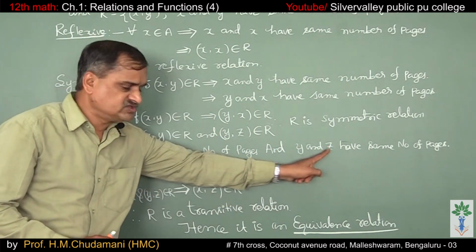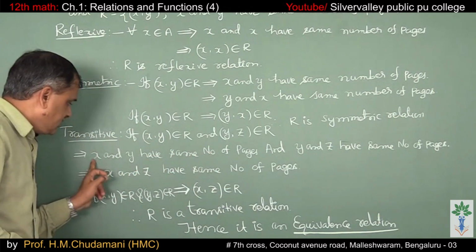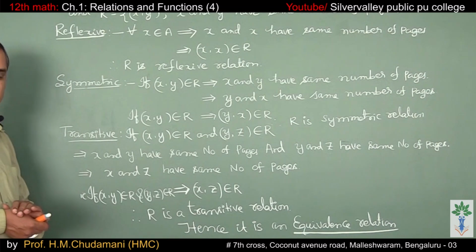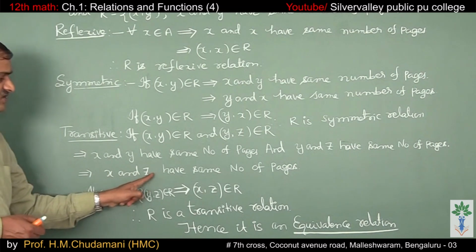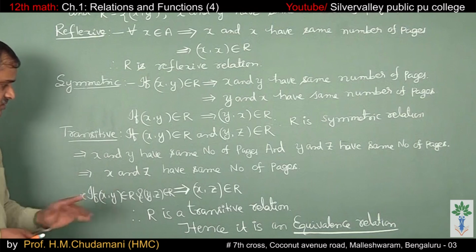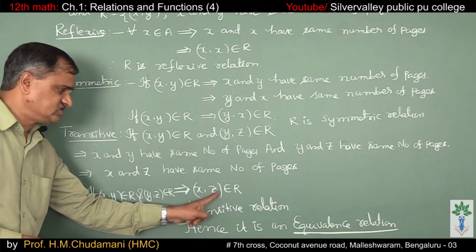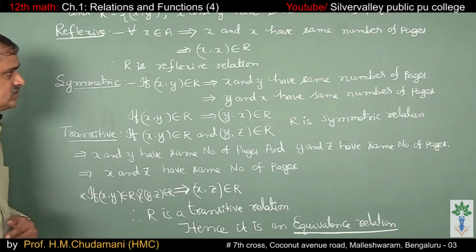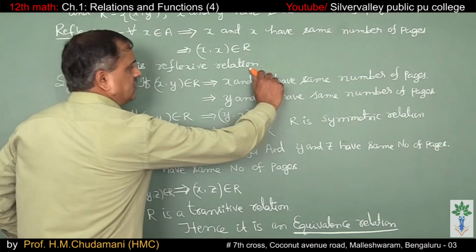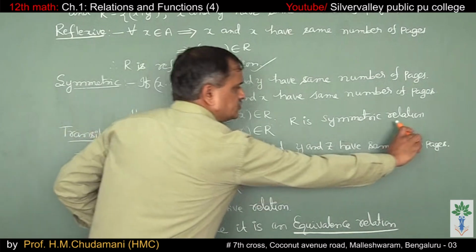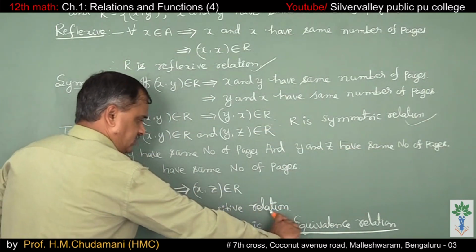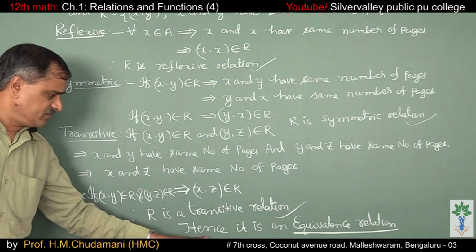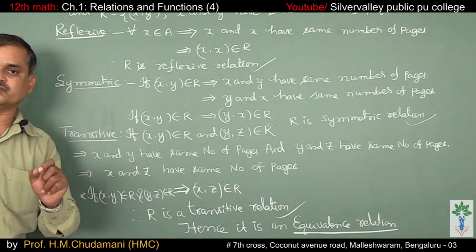So that means x and z also have 100 pages. Correct? So this means x and z have the same number of pages. This means (x, z) belongs to the relation. Therefore, R is a transitive relation. So clearly, R is reflexive, symmetric and transitive. Since it satisfies all the three relations, hence it is an equivalence relation.